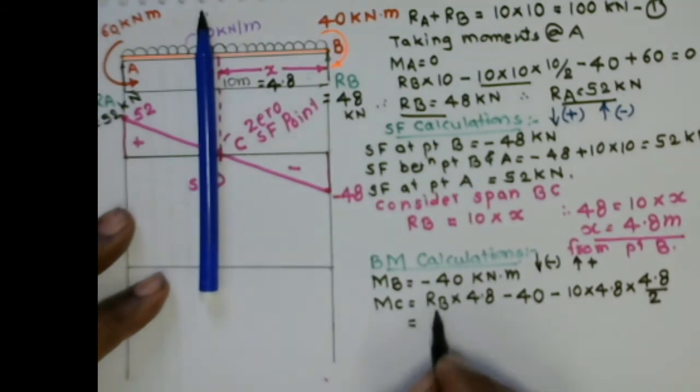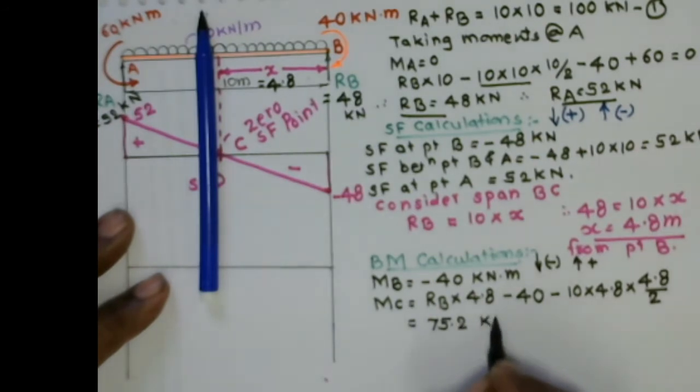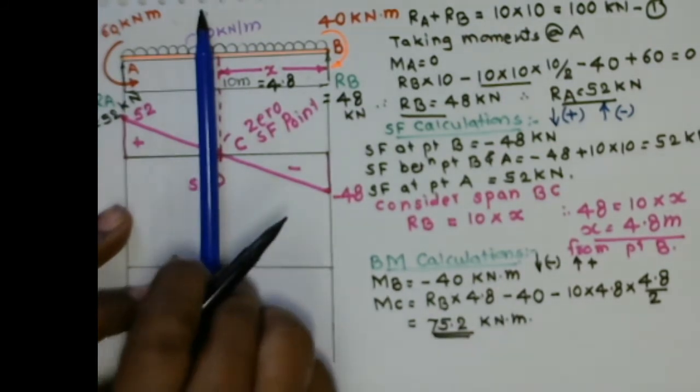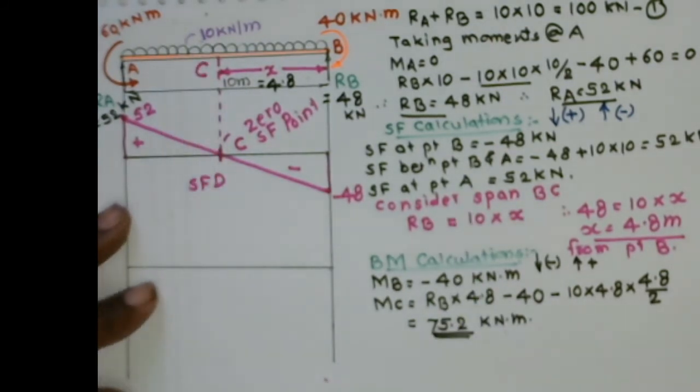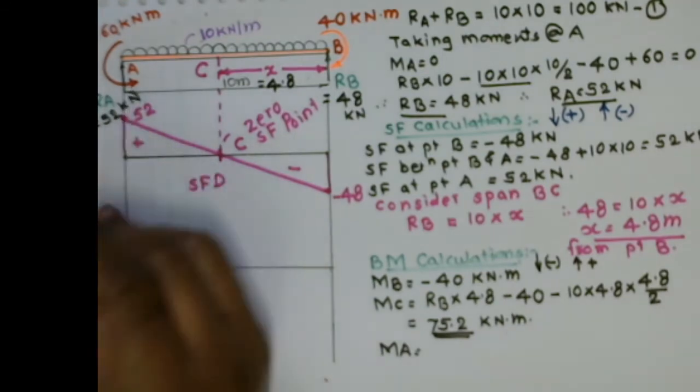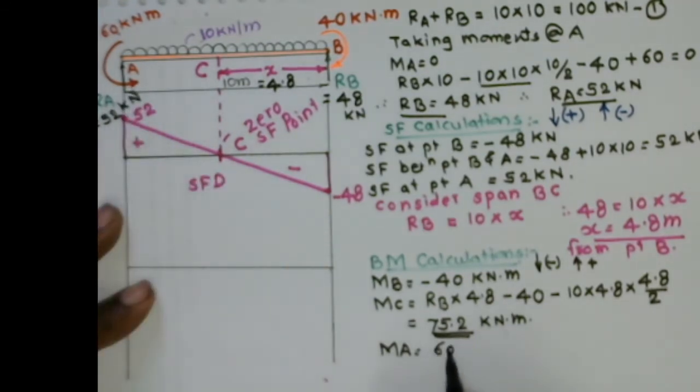Putting in the value of RB, you will get this moment 75.2 kilonewton meter, which will be the maximum bending moment at point C, because at point C there is a zero shear force. Bending moment at point A is acting in the anti-clockwise direction, so plus 60 kilonewton meter.